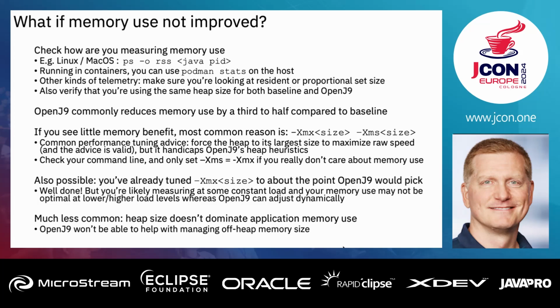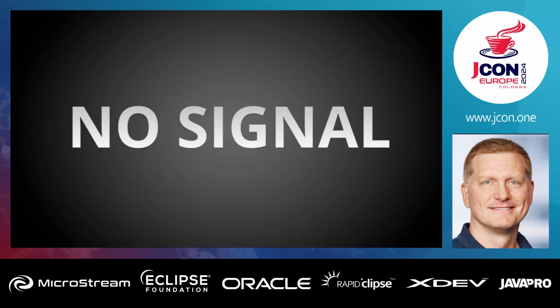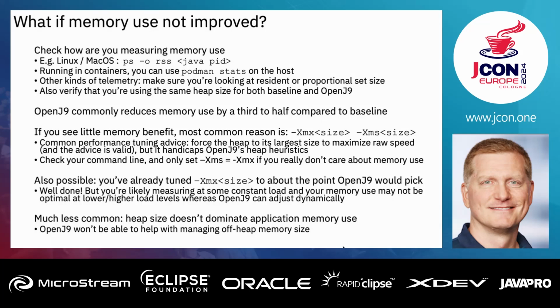If you don't see very much memory benefit, the most common problem is this, because this is a really common performance tuning advice, right? If you want the fastest speed, set the max heap and the min heap to the same size so that it won't have to grow or shrink the heap. But obviously, if you tell us we need a heap that big, we have no flexibility in making the heap smaller than that. So we can't save memory.